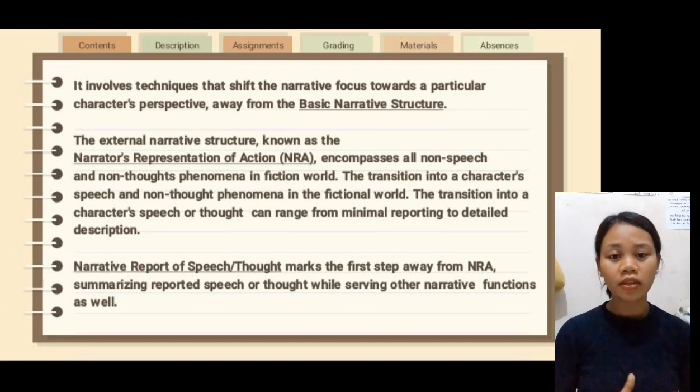But sometimes the author wants us to focus more on what a specific character is thinking or saying. And that's where indirect discourse presentation comes in.